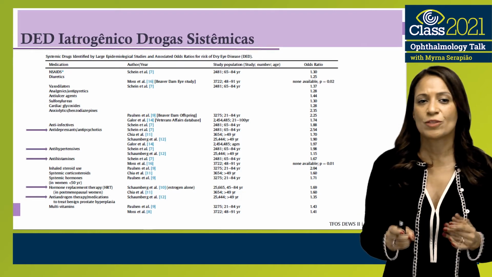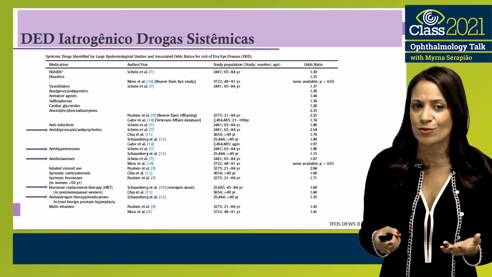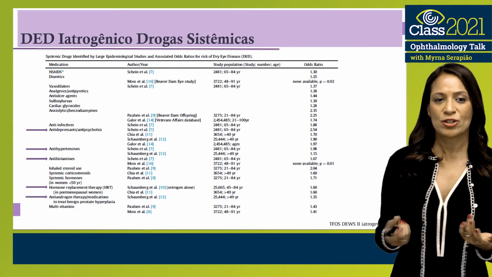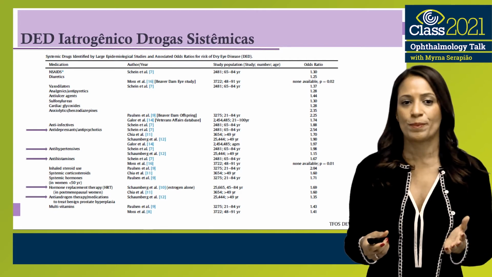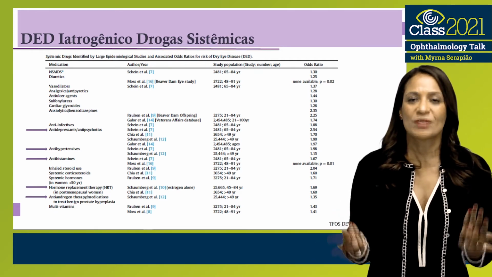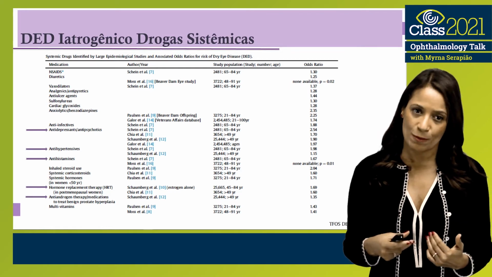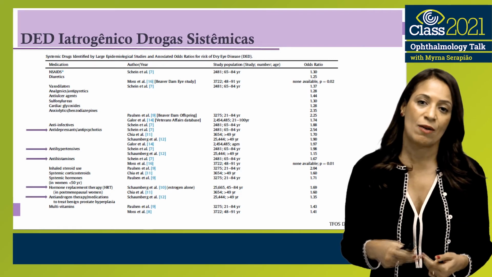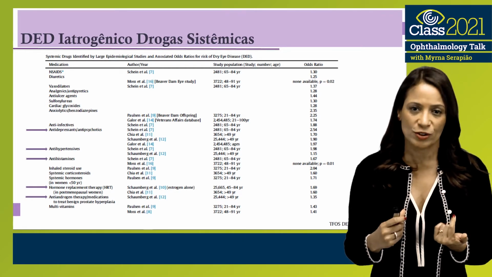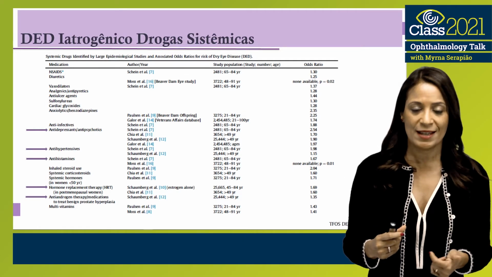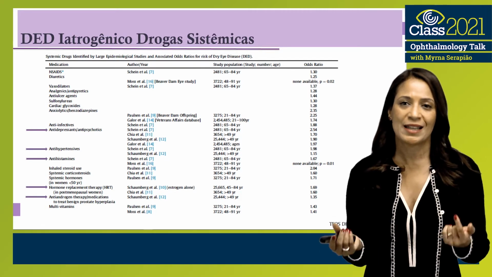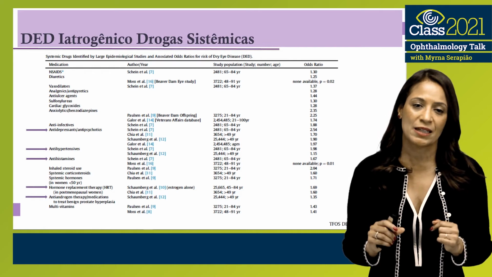For a long time it was thought that it was the menopause that led to dry eye, but more significantly, hormone replacement therapy can induce dry eye in these patients. The use of anti-androgenic drugs in the treatment of benign prostatic hyperplasia can also induce significant dry eye in this group. We also have several other systemic drugs that can cause dry eye, but those highlighted previously are the most significant.